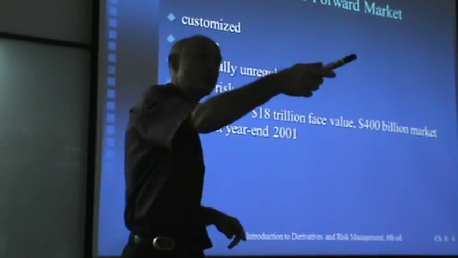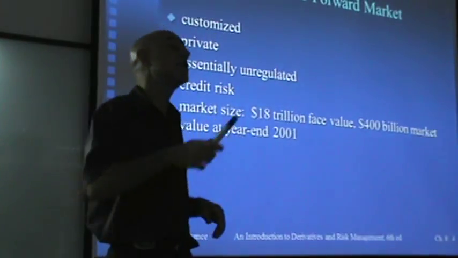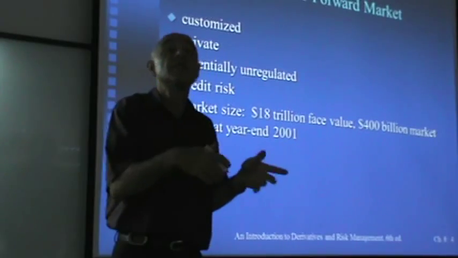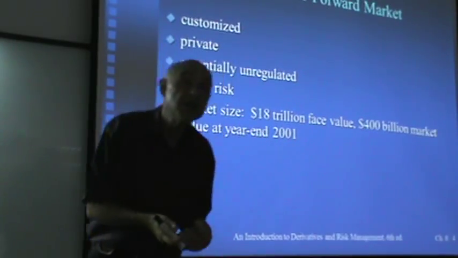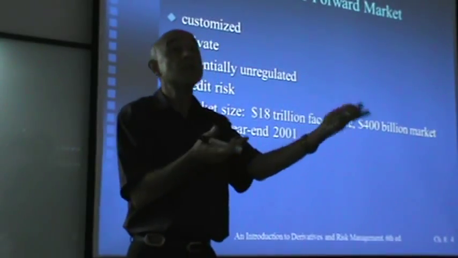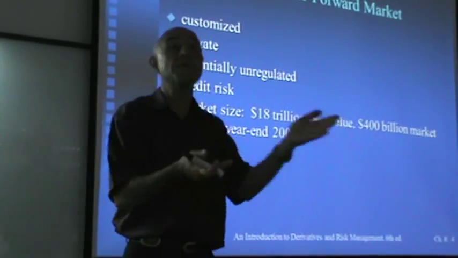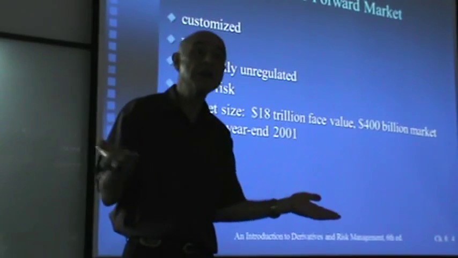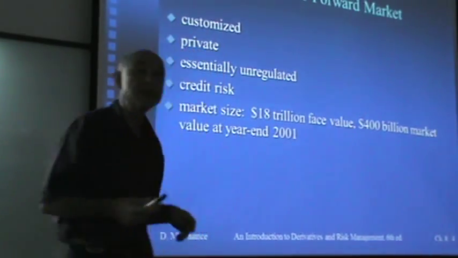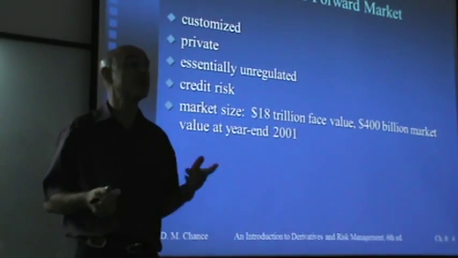You need the contract for 50 million, no problem. You need the contract for 70 million, no problem. Whatever the size you want, you can get the contract. Next, you need it to be with a maturity of 3 months, no problem. 6 months, no problem. 5 months, 7 months, 9 months. So, very, very highly customized. That is one major advantage.